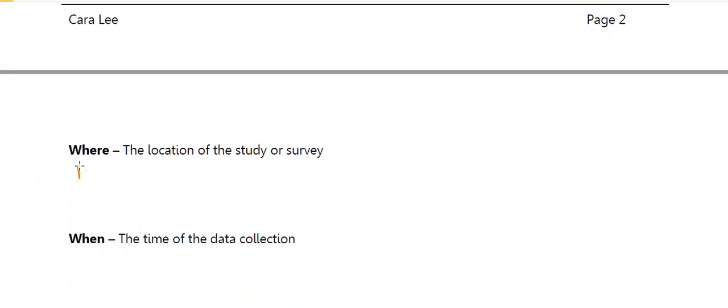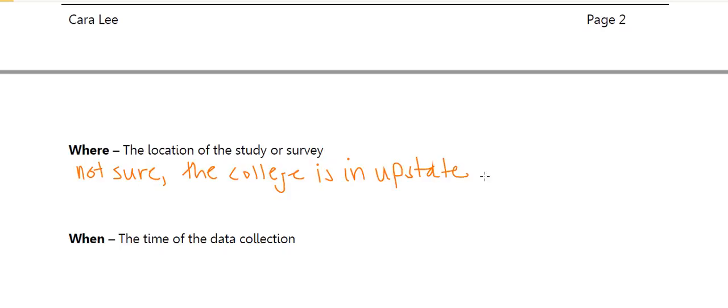So it doesn't say. We're not sure. The college is in upstate New York, but we don't know where the streams are.